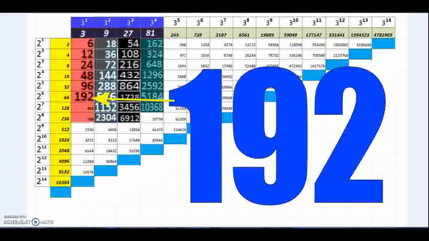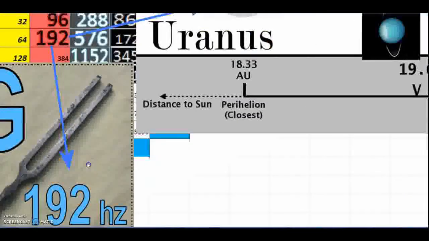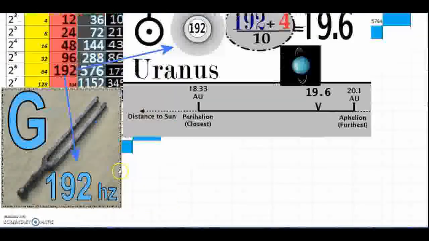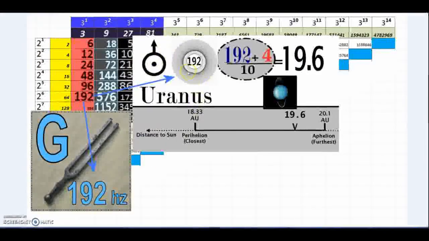But next one is 192 on the Pythagorean tuning scale, music 192, and Uranus 192 plus 4 over 10, 19.6, again describing where Uranus should be. Now it's not as nicely placed in the middle, but Uranus is tilted. So just like Venus, there's evidence of some sort of impact, or something's happened in Uranus's path.